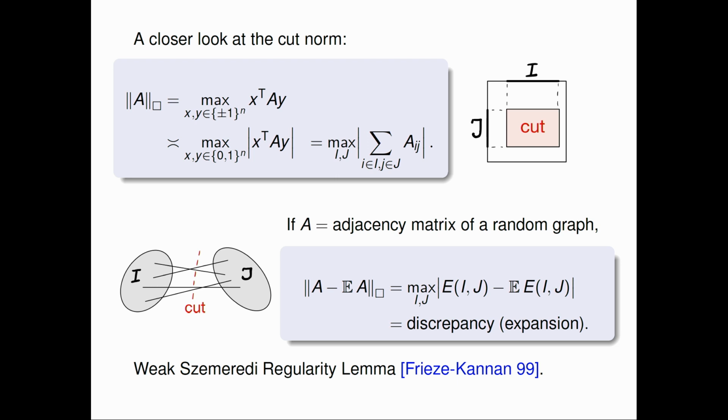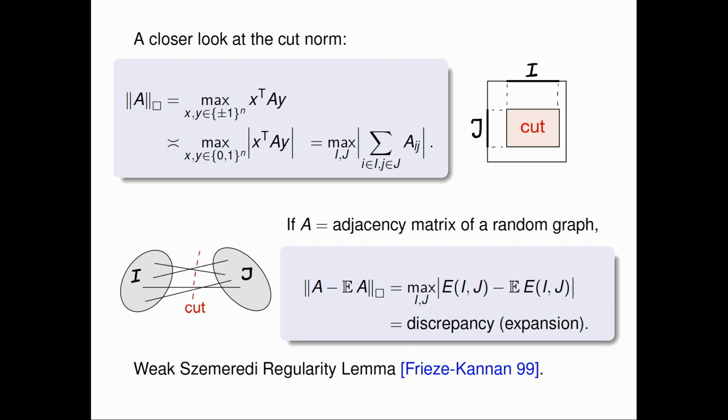And let's say it's the adjacency matrix of a random graph, and if you look at the deviation from the expected value, then the cut norm tells us the worst discrepancy between the number of edges and its expected value over all possible partitions, or not even partitions, all possible subsets I and J. So you're really like doing a cut, either matrix form or geometric form, and you want to find the max cut here. It's the maximum cut over all I and J.